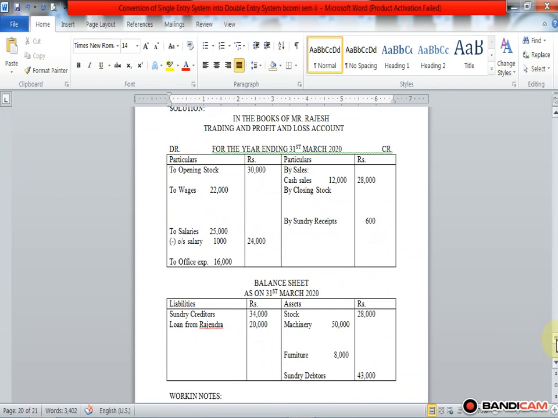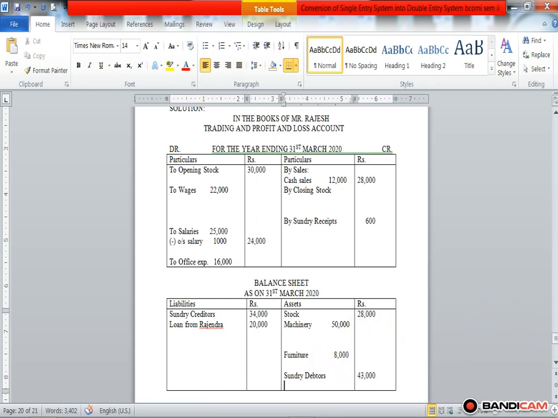The transaction is given during the year, so this fixed deposit is our current year's asset, so it is transferred to closing balance sheet, that is bank balance, bracket FD fixed deposit, amounted to rupees 10,000.